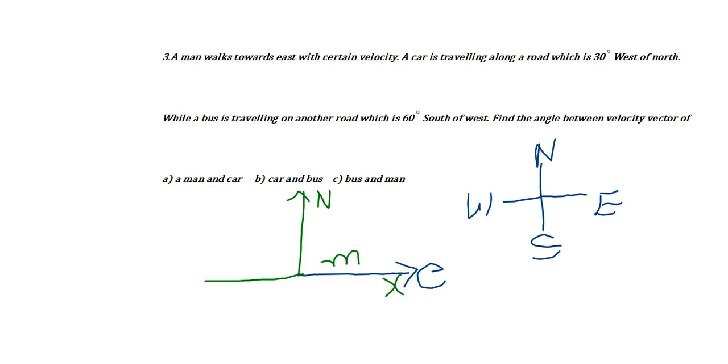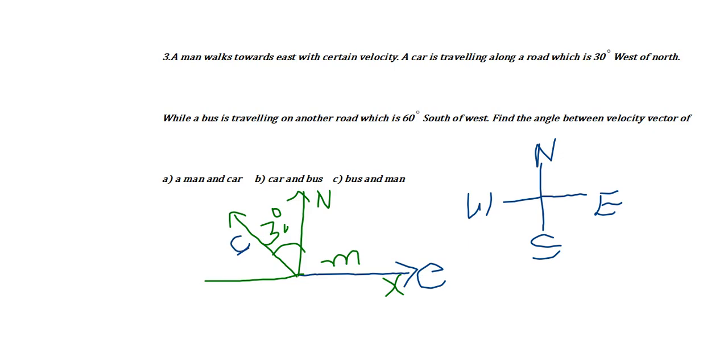Car, 30 degrees west of north. So here car is making an angle of 30 degrees with the north direction. C for car.